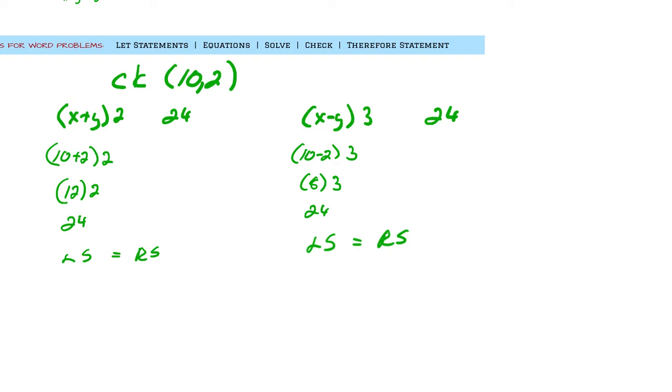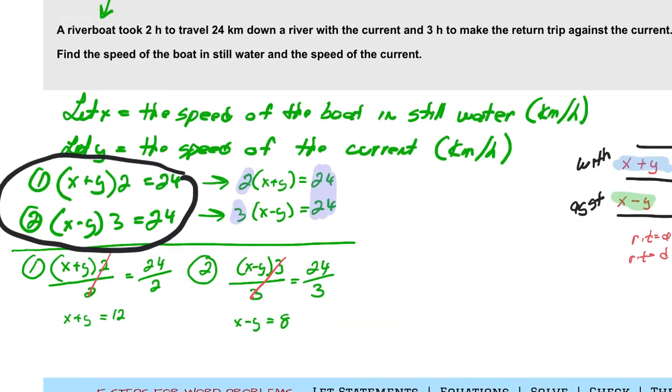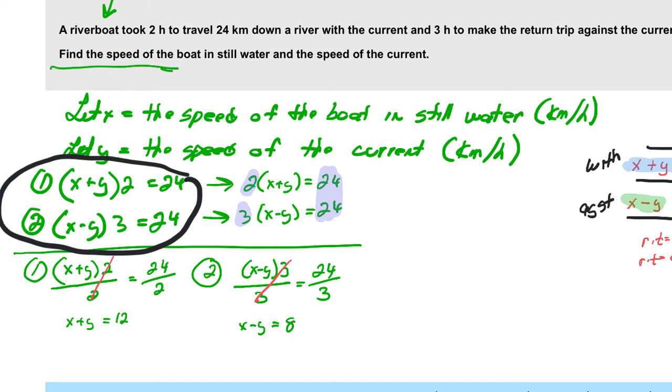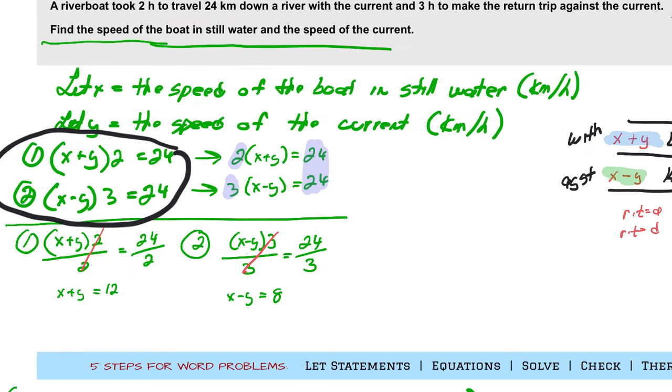Remember to answer the question that was asked. And the question that was asked was, find the speed of the boat in still water and the speed of the current.